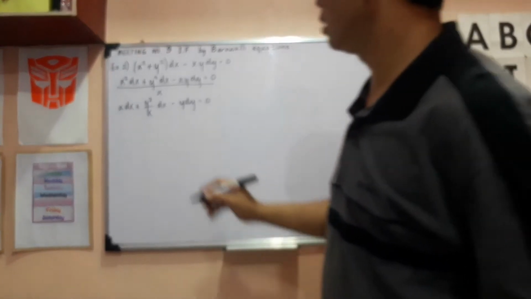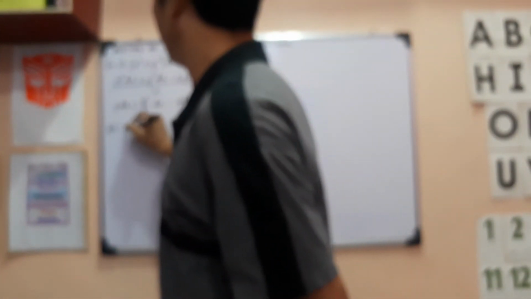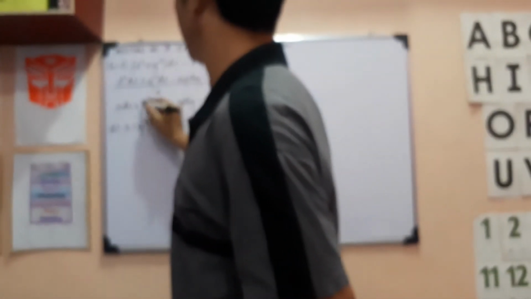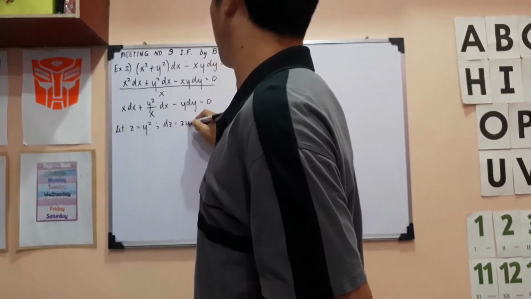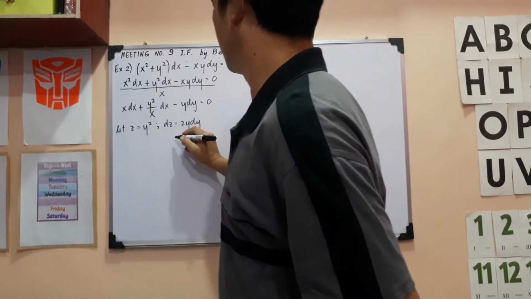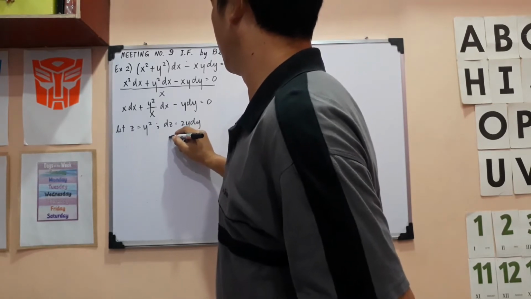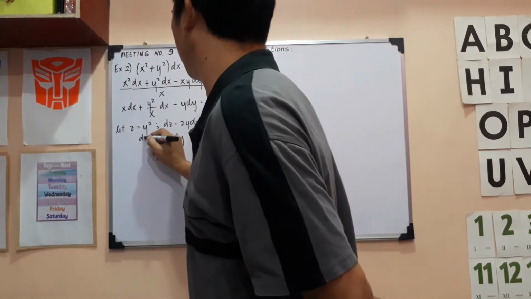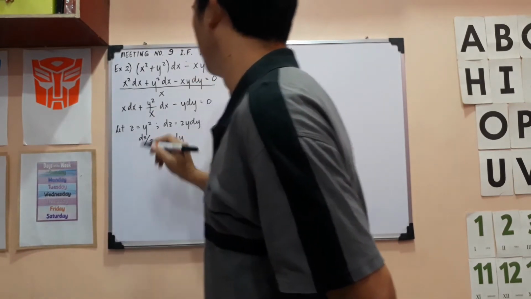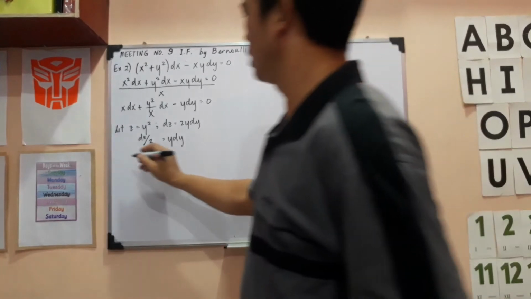So, gagamit tayo ngayon ng ibang variable. Let z is equal to y squared dahil dito. And dz is equal to 2y dy. Such that y dy is equal to dz over 2. So, ayusin lang natin. We have y dy.